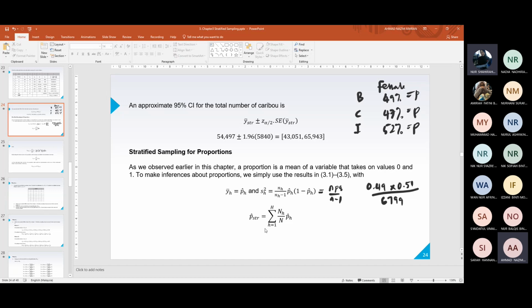So you can use this value. Oops, n. What is our n? Our n is 6,800 times this one. Okay, something like that. Then you can use this to estimate or to approximate the variance. Faham?